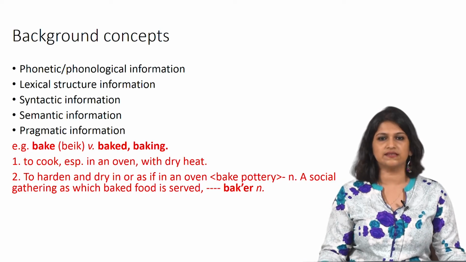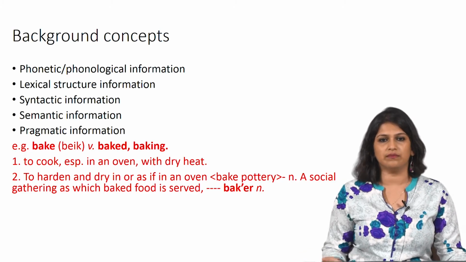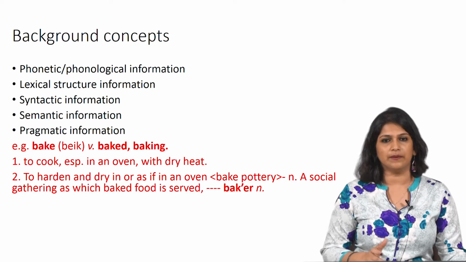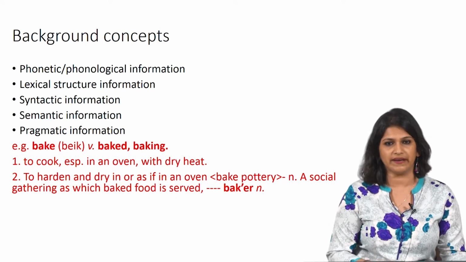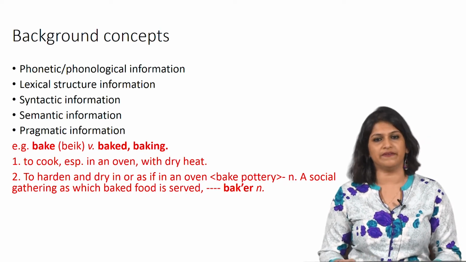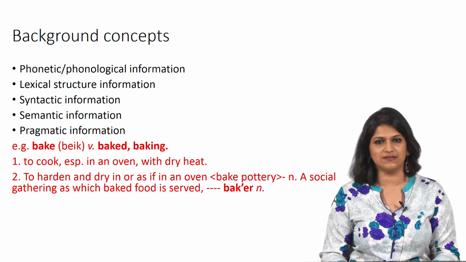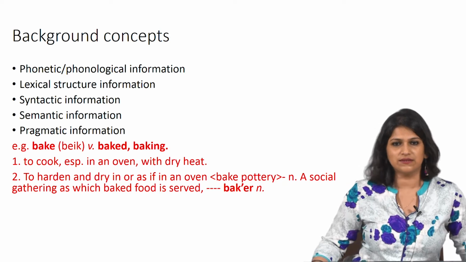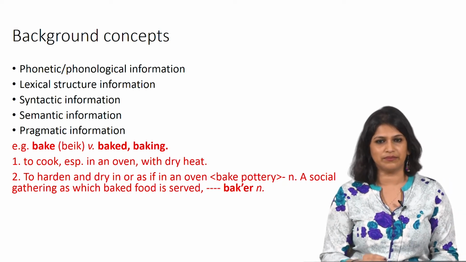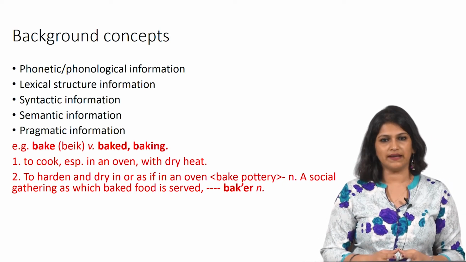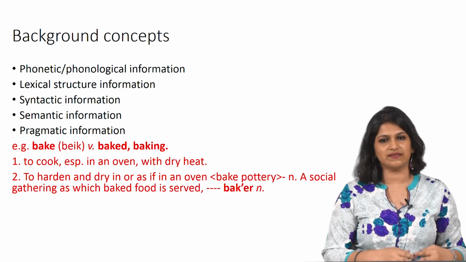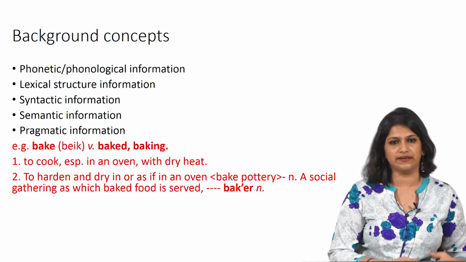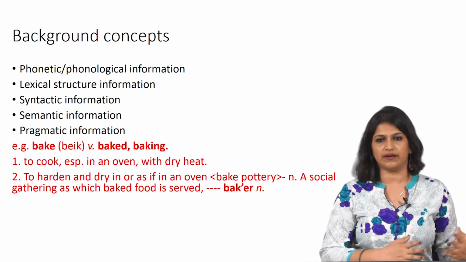Considering this is a verb to begin with, it can be inflected to mark a perfective aspect or an imperfective aspect. If the words perfective and imperfective sound difficult to you, let me just briefly talk about it. When you are marking the perfective aspect, that means the action is already done, completed, finished in a given period or at a point of time.